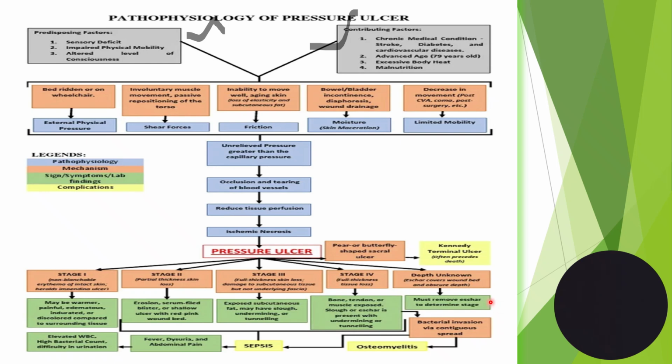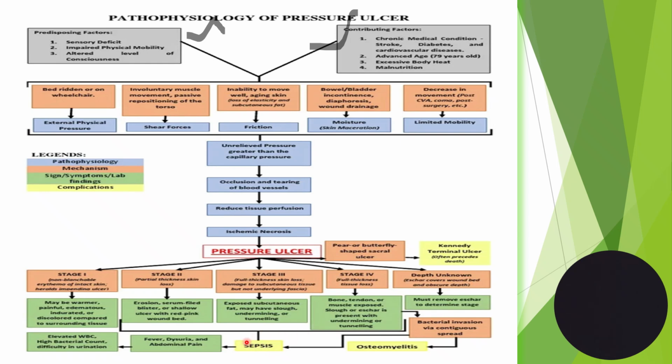So in stage 2 to stage 4, it leads to sepsis, and in depth unknown, it also leads to sepsis. So if the person is in stage 4, it will lead to bacterial invasion that may lead to osteomyelitis and then lead to sepsis also.